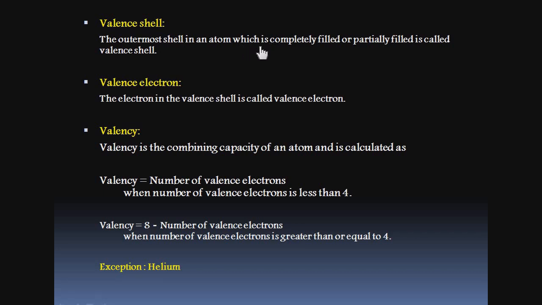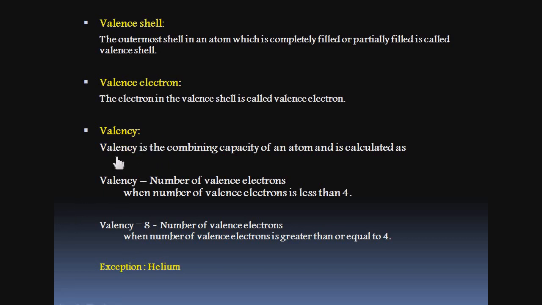This valence shell may be completely filled or may be partially filled. The electrons which are present in this valence shell or the electrons present in the outermost shell are called as valence electrons.